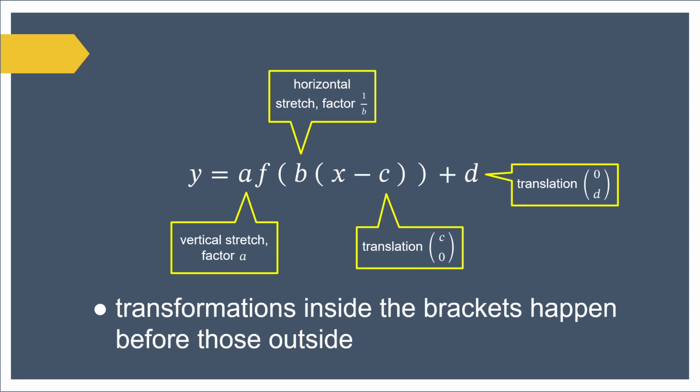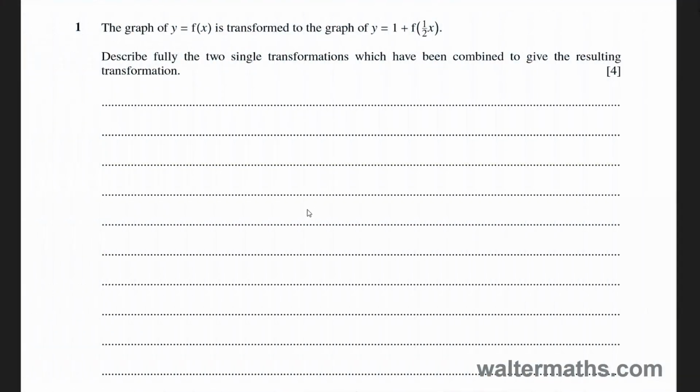Let's have a few examples. Here the question says, the graph of y is equal to f of x is transformed to the graph of y is equal to 1 plus f of half of x. Describe fully the two single transformations which have been combined to give the resulting transformation.